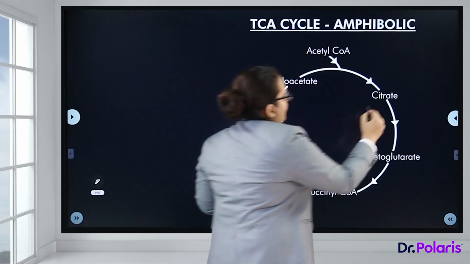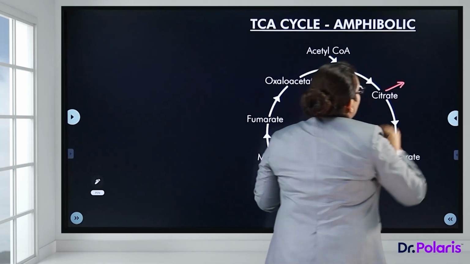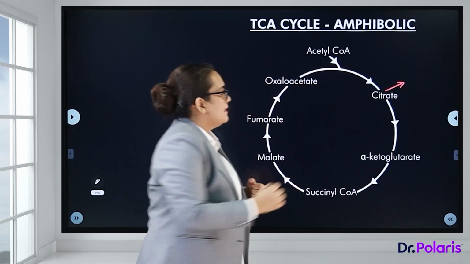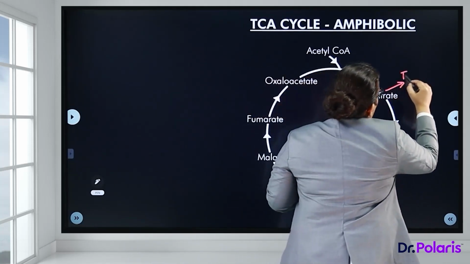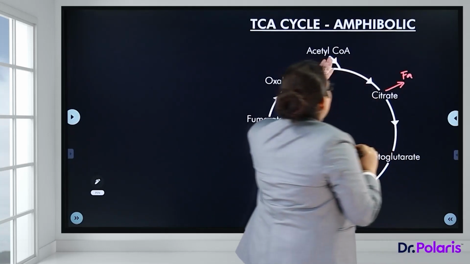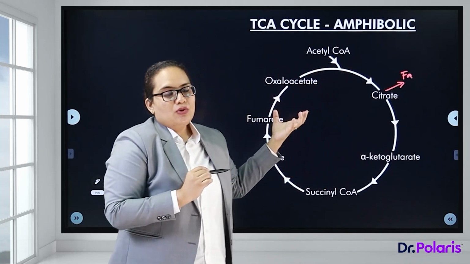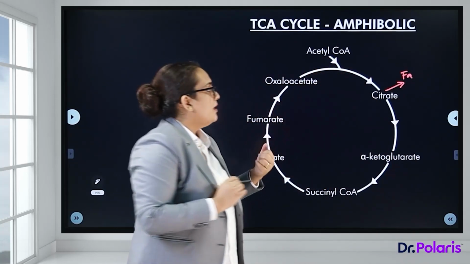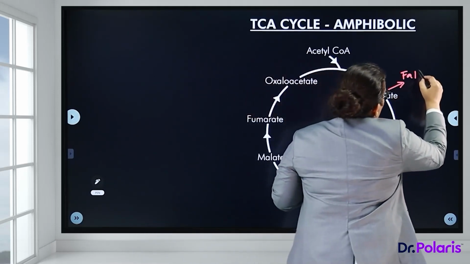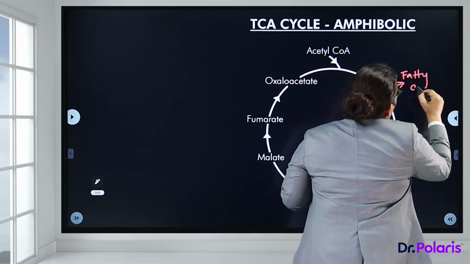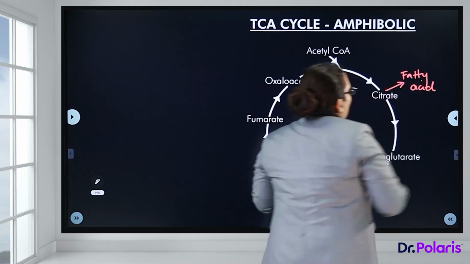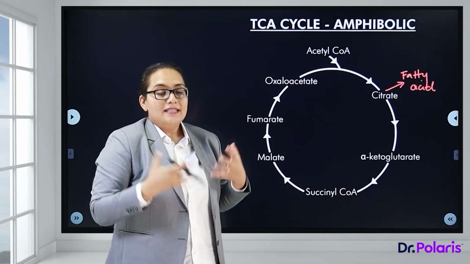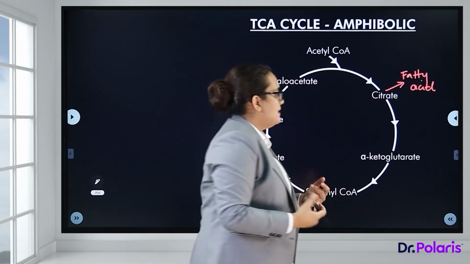So the first one, which is citrate, is known to form fatty acids. Citrate plays a major role in the transport of acetyl-CoA from the mitochondria into the cytoplasm for fatty acid synthesis. So remember, citrate is known to produce fatty acid. It is required for the formation of fatty acid.